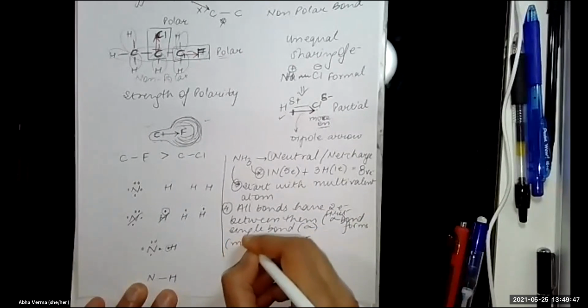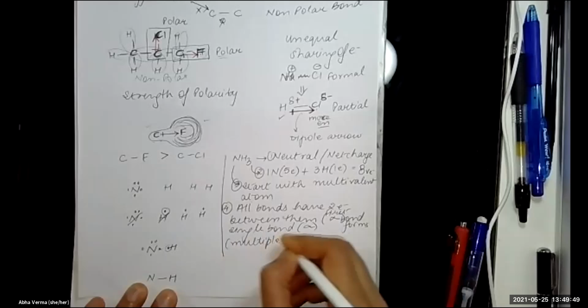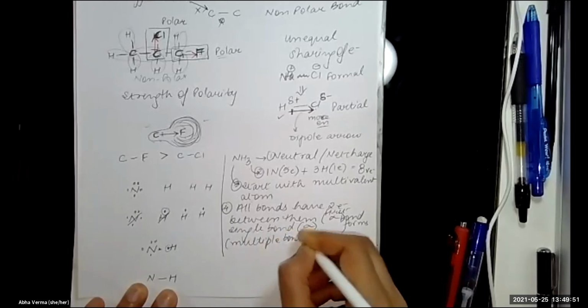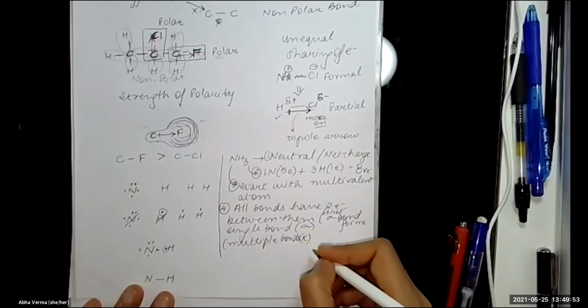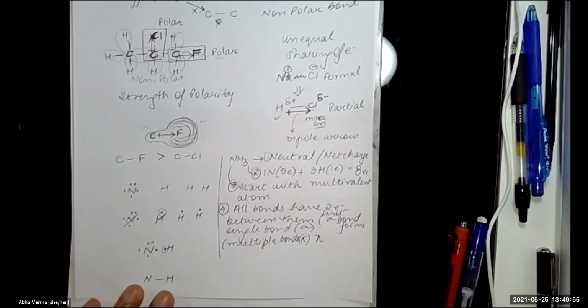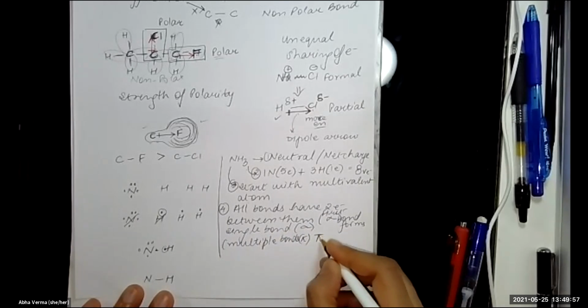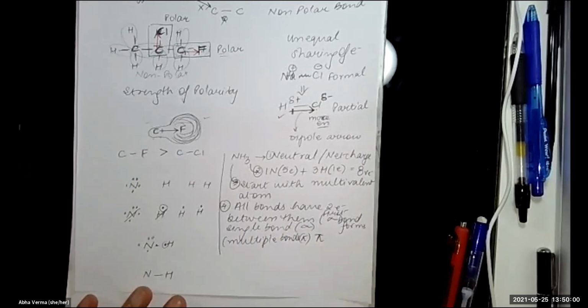When you have multiple bonds, we call them pi bonds. Okay, can you all see what I just wrote, the pi?